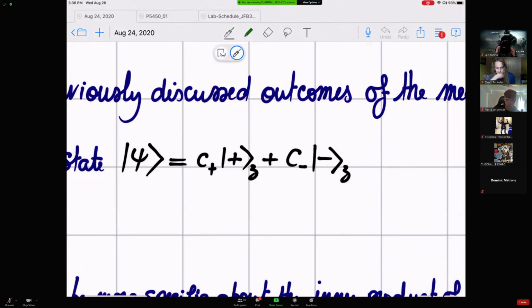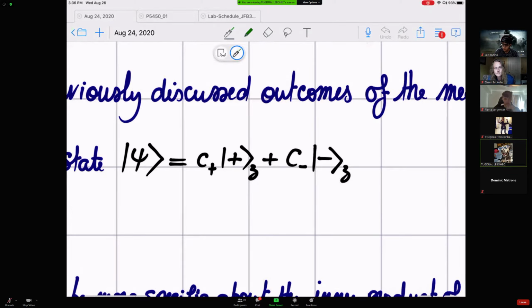If you hide in your mind the psi here, you see that we have two unit vectors, plus and minus sub z.